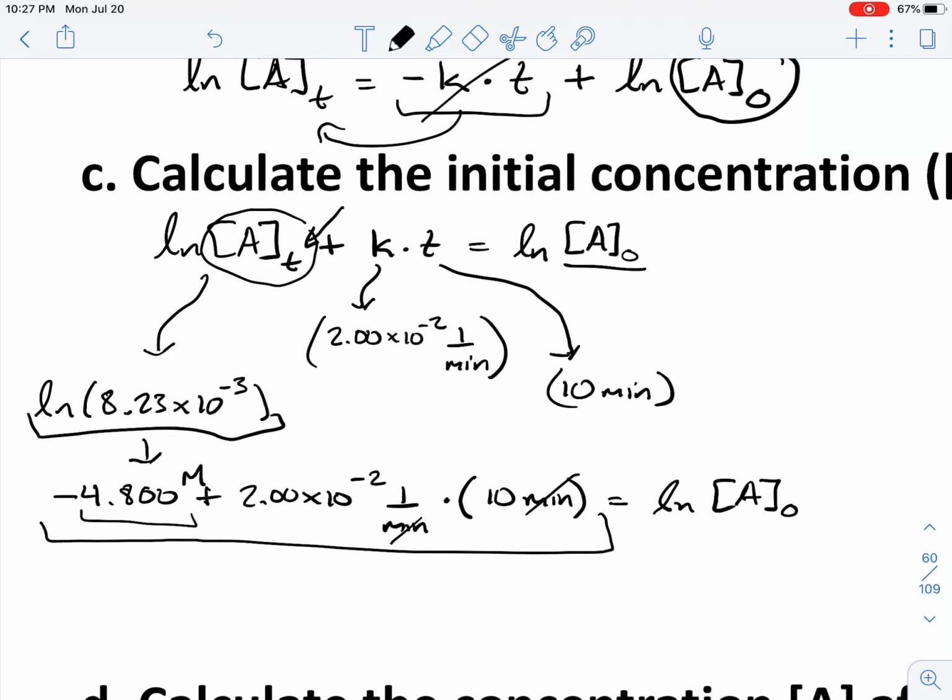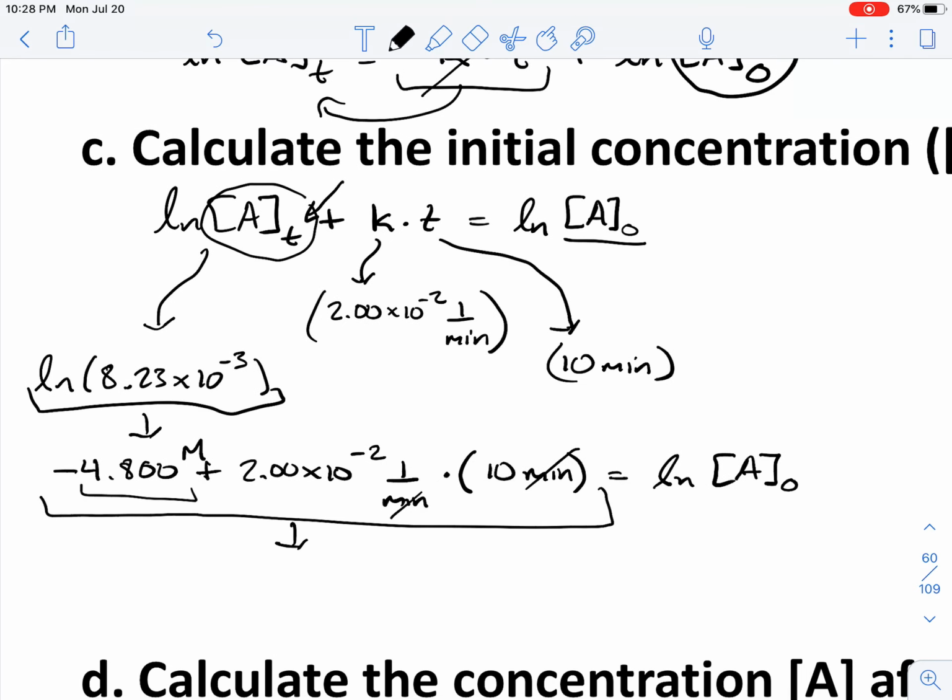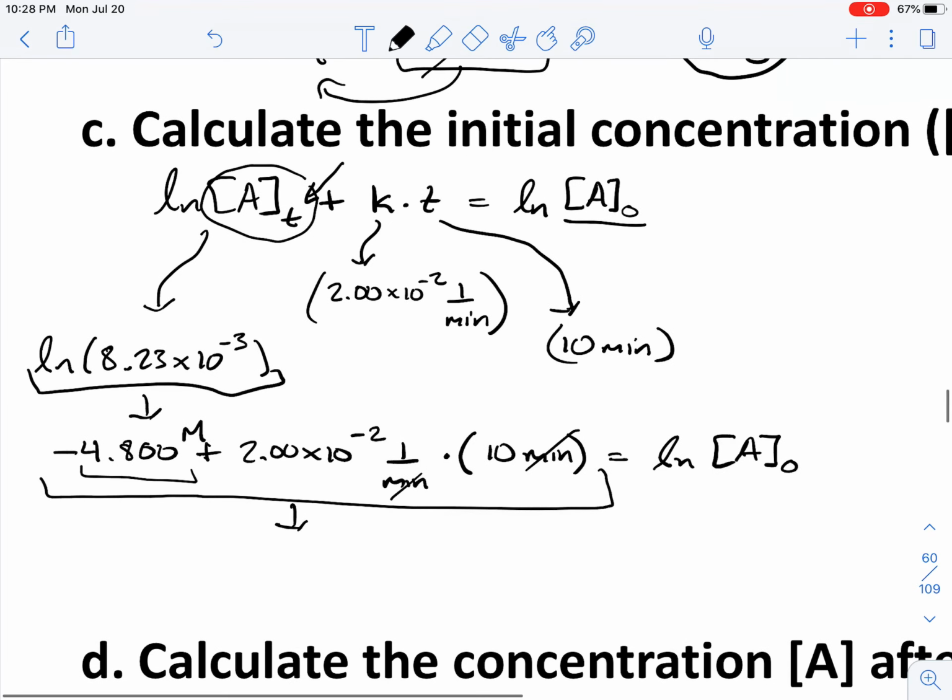Okay, so remember that 8.23 times 10 to the negative 3 is the concentration at 10 minutes. And so basically, if you guys put this into your calculator, what you guys will obtain is negative 4.600, and that is going to equal the natural log of the initial concentration, which is what we're looking for.